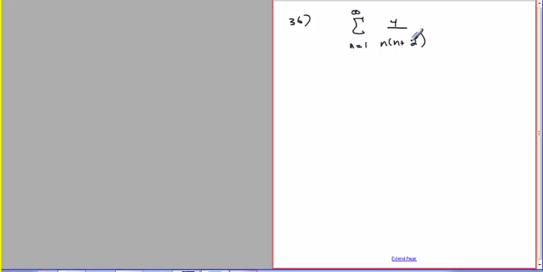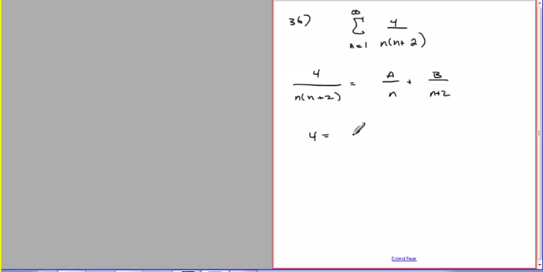So that must be how this works. Okay, yeah. So what we're going to do is use partial fractions. We want the original expression to become A over n plus B over n plus 2.